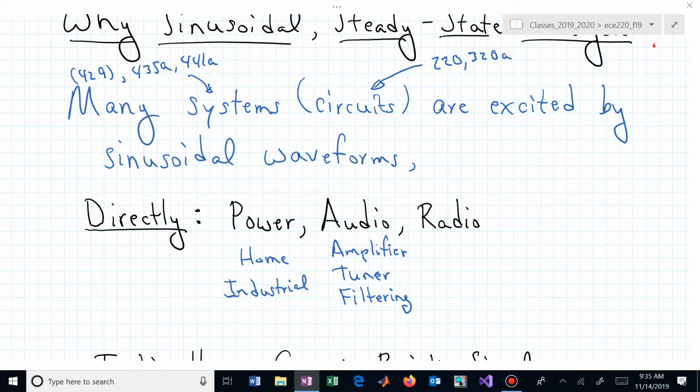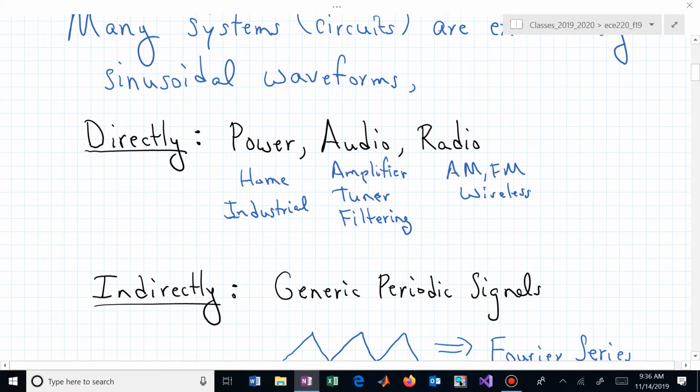Radio, that's what you might think, AM and FM, but it's also everything wireless. So now you have your cell phone, your networks, your wearables. Any of these wireless technologies are probably using sinusoidal signals in some form directly.